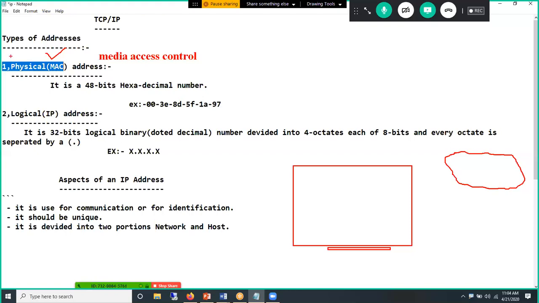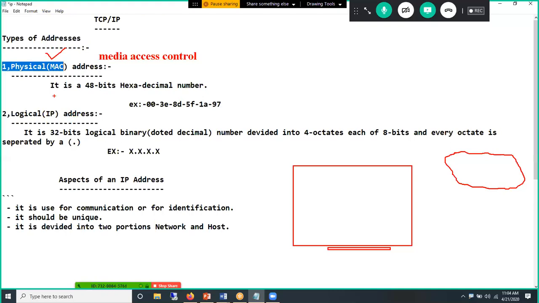Now we need a MAC address, and we also require an IP address. I'm not saying that if you give an IP, only then the machine will participate on a network. If you don't give a MAC address, the computer will not be a part of the network. So MAC address is important and IP address is important. Both addresses are mandatory.